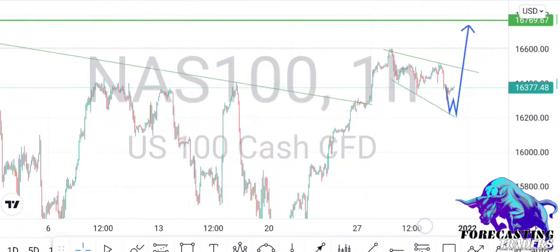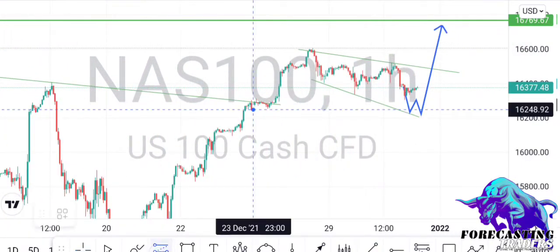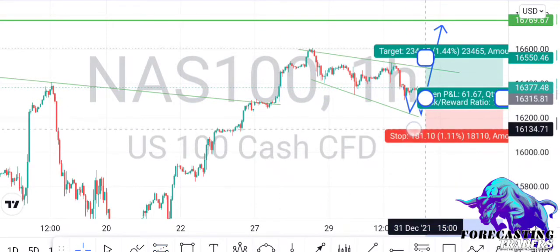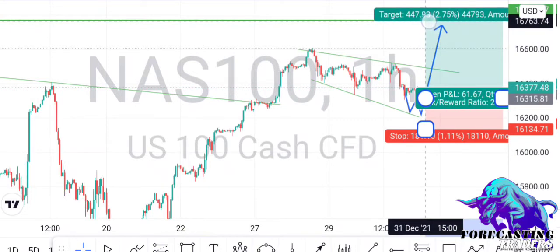Then it might give us something like this, and then have our first entry here until these levels.